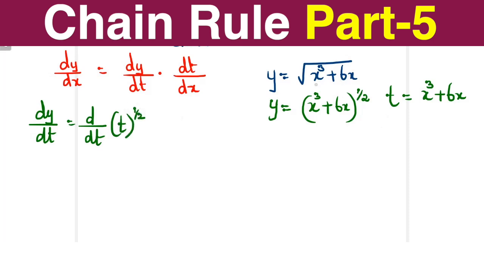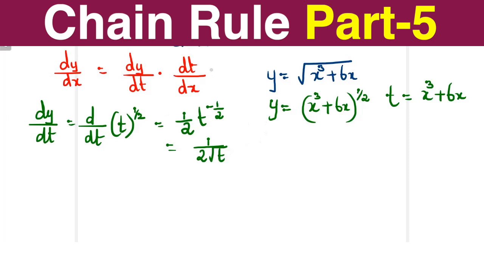Because this whole expression is t, so the root is becoming the power half. Now differentiation of this is nothing but half t to the power minus half. I can write this as half, and the t to the power minus half, I'm bringing it to the denominator. So I'm going to write this as 1 by 2 root t.